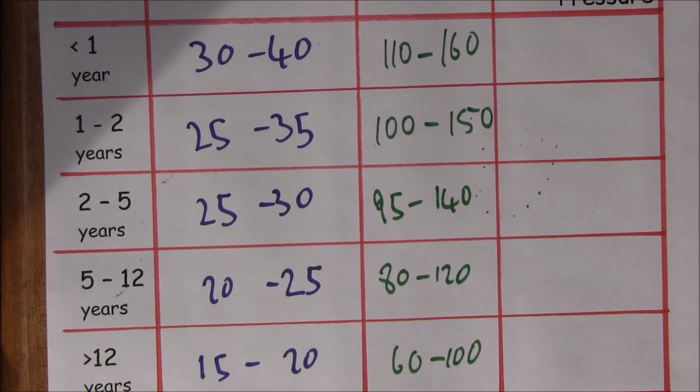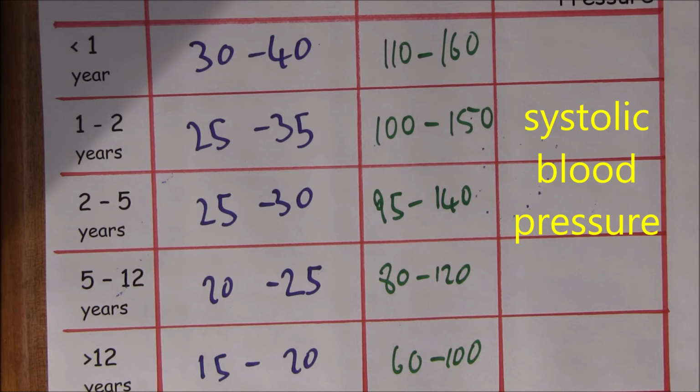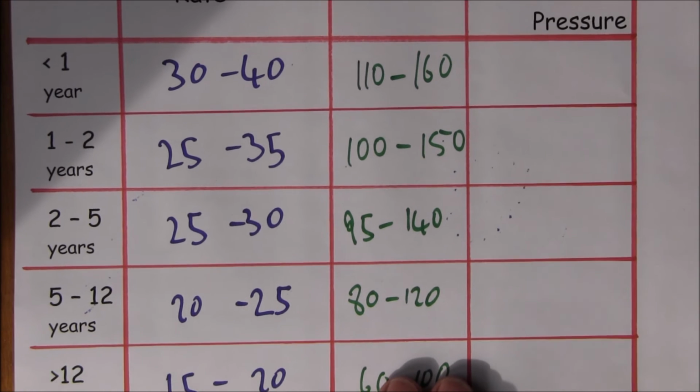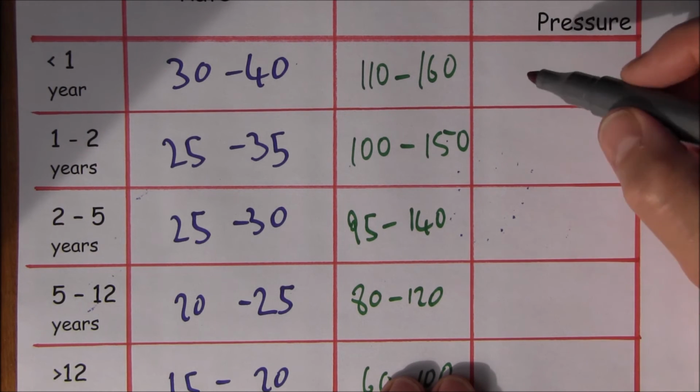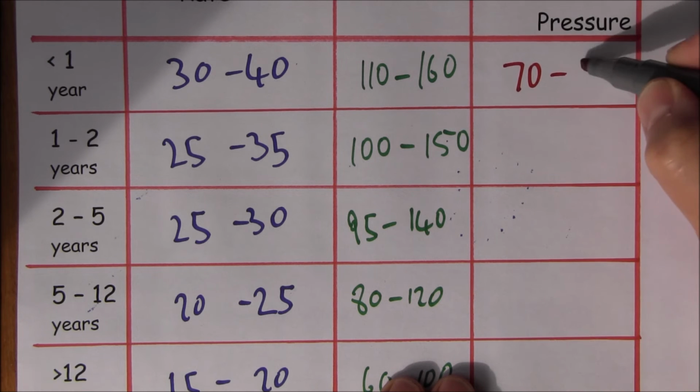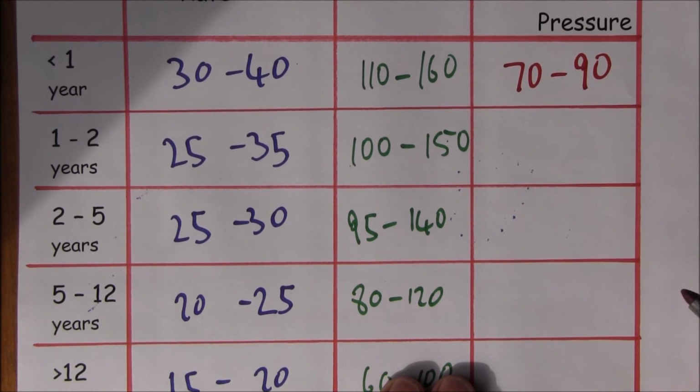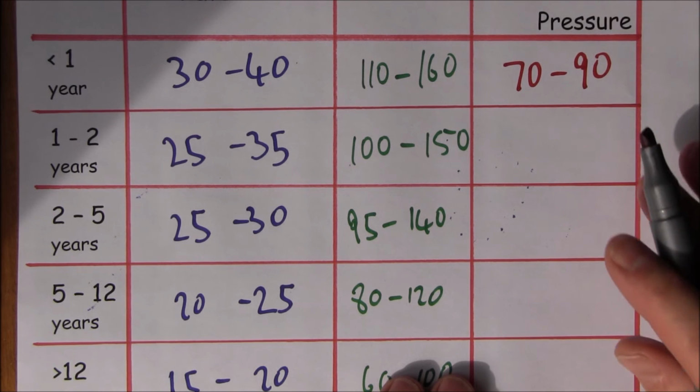And let's think now about the systolic blood pressure. So first of all, again, let's put on some figures for what we would expect of systolic blood pressure. Up to a year, let's say 70 to 90 would be systolic blood pressure. Now, this is nothing to do with diastolic blood pressure.